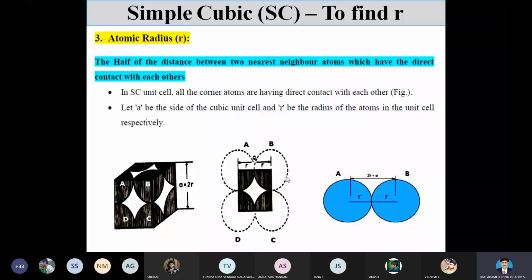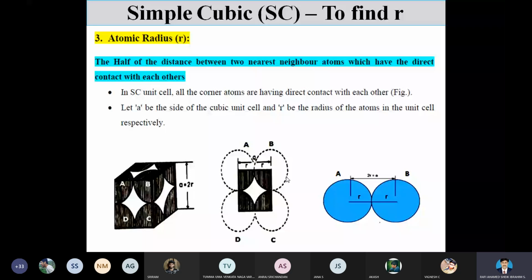In the simple cubic structure, the structure is very simple, so we can measure directly. But for BCC and FCC structures, the atomic radius value is complicated. That we can see in the slide also, and I will explain it later. So again, half of the distance between two nearest neighboring atoms which have a direct contact with each other.